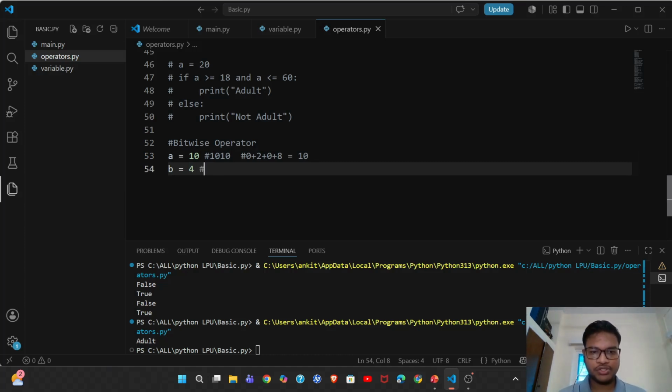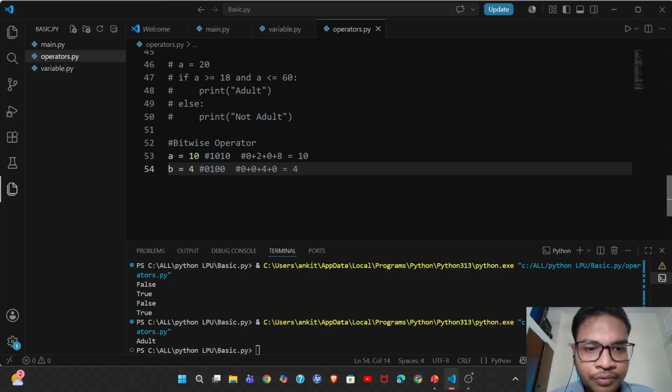Now tell me, what is the binary value of B, which is 4? The bits are 0, 0, 1, 0, for powers 0, 1, 2, 3. Find the sum: 0 plus 0 plus 2 to the power 2, which is 4, plus 2 to the power 3, which is 0. The value is 4.